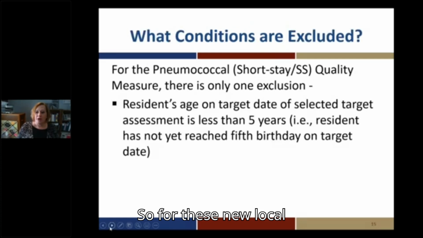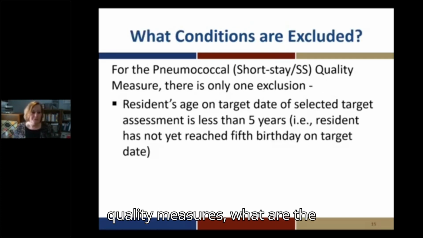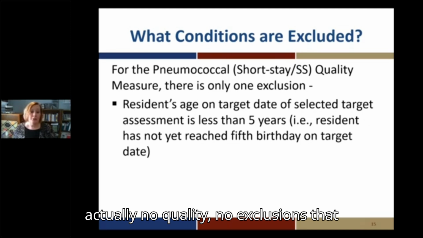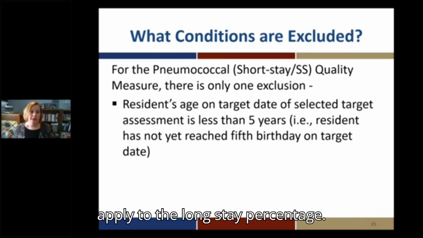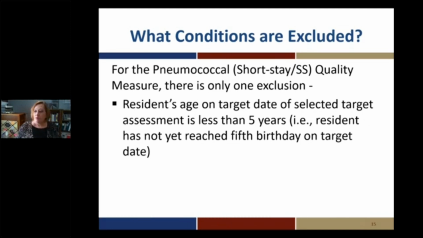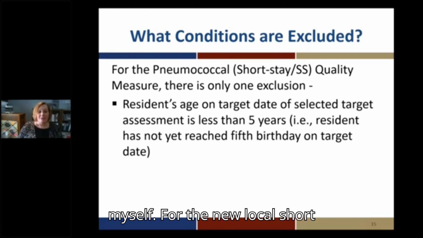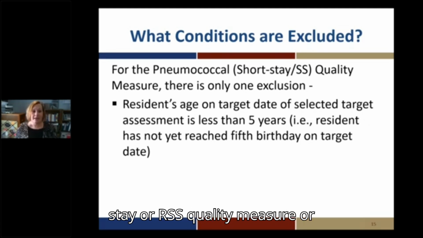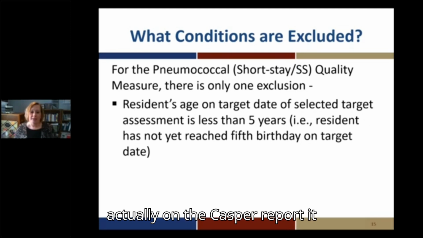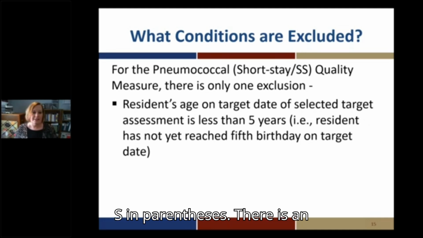So for these pneumococcal quality measures, what are the exclusions? There are actually no exclusions that apply to the long stay percentage. Excuse me, I got ahead of myself. For the pneumococcal short stay, or SS, quality measure, or actually on the CASPR report, it will just be indicated with an S in parentheses.